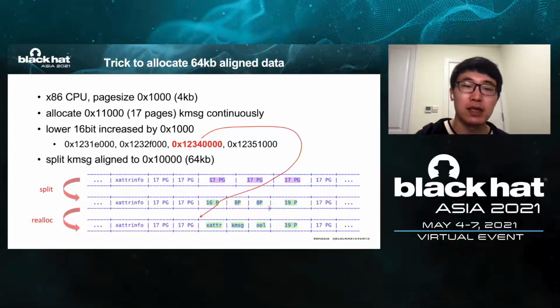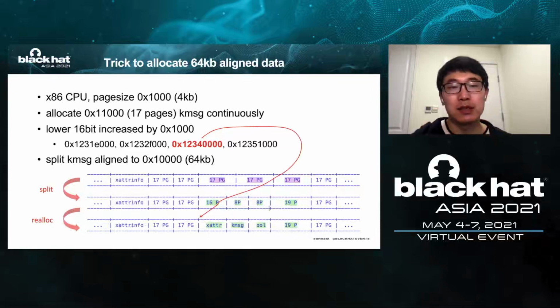I need to release 3 continuous key messages starting from 4 zeros, and then reallocate 4 memory blocks: 1 16-page block and 2 8-page blocks. The rest of the memory is merged into the next key message, a 19-page block, which has no specific effect, it just fills up the memory hole.